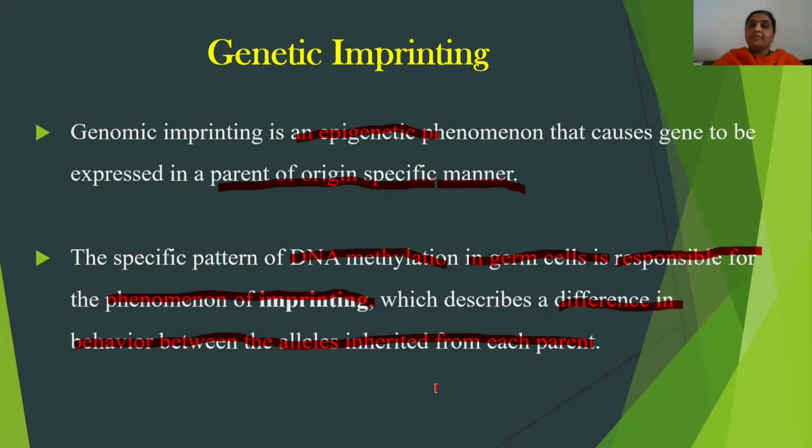Two alleles are present, but the two alleles from the two parental chromosomes behave differently. It is a difference in the behavior between the alleles inherited from each parent. Two alleles are present, but not both of the alleles are expressing. One is silent and one is expressed from each parental chromosome.